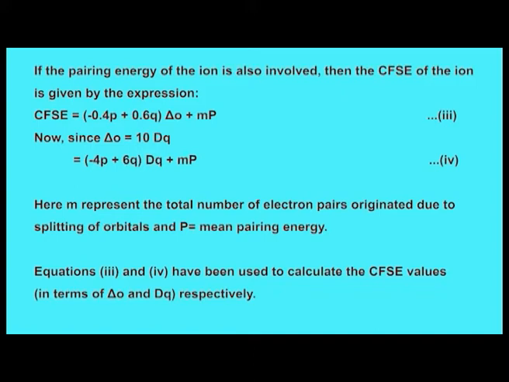Here m represents the total number of electron pairs originated due to splitting of orbitals and P is equal to the mean pairing energy. Equations 3 and 4 have been used to calculate the CFSE values in terms of delta O and Dq respectively.